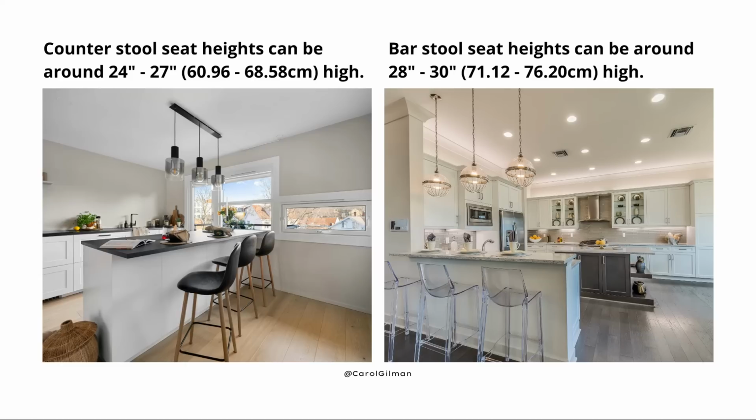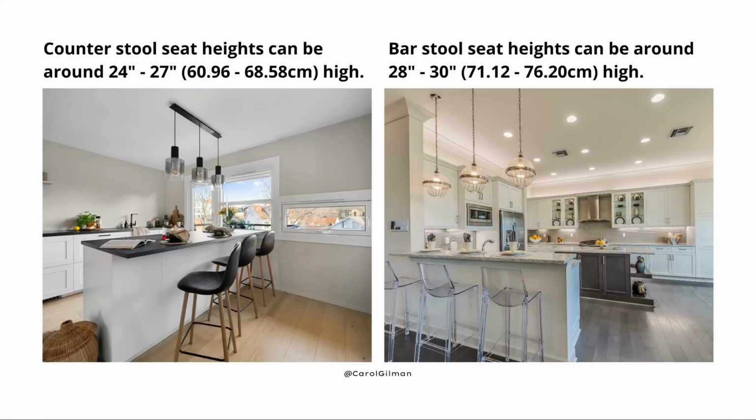When you're out and about looking online or in person, sometimes stools are called bar stools or counter height stools, but sometimes a bar stool is actually maybe a counter height stool. So pay attention to the measurements when you are shopping for a stool. Because for a counter height stool, you'll want to look for a seat height that is between 24 to 27 inches high.